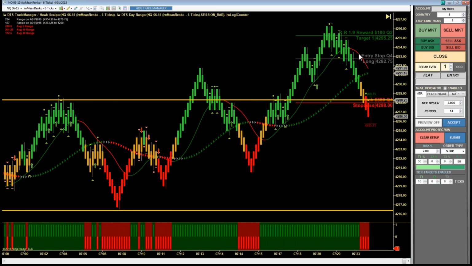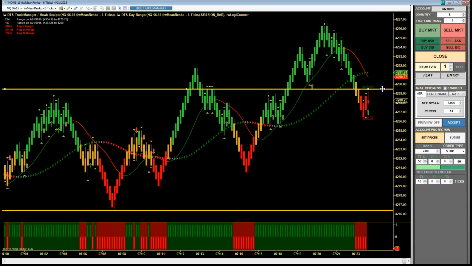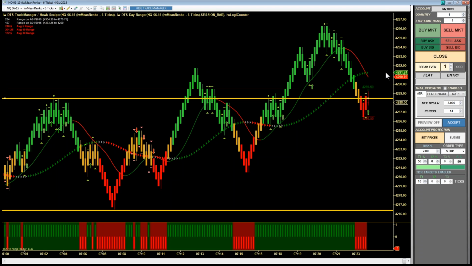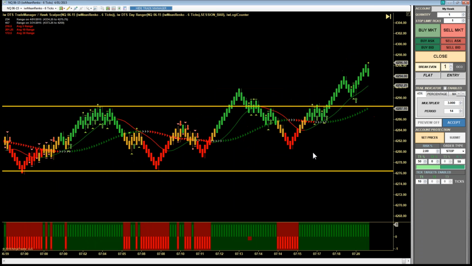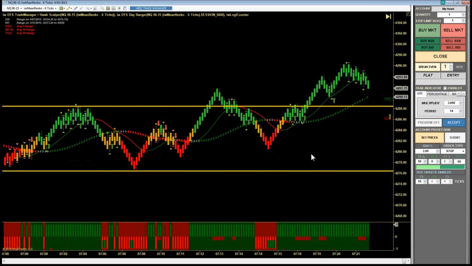So we were working on a macro pullback signal there for a moment. Now the market has retreated all the way down here, and we're working on a possible red bar buy. See that? There's a red bar buy. How are we doing with the lows here? Oh yeah, we keep testing the lows.